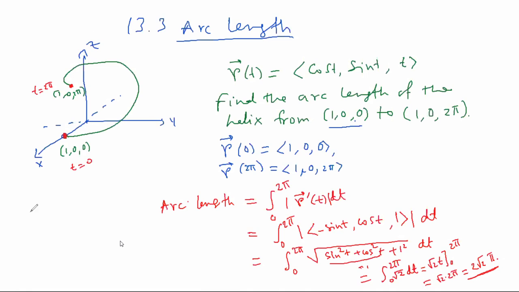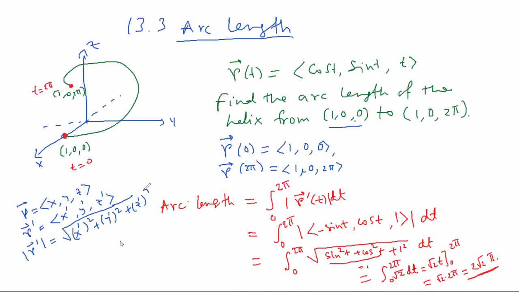So another version people write this problem: if you write r as x, y, z, then r prime is x prime, y prime, z prime, right? And if you take its magnitude, it becomes the square root of x prime squared plus y prime squared plus z prime squared.